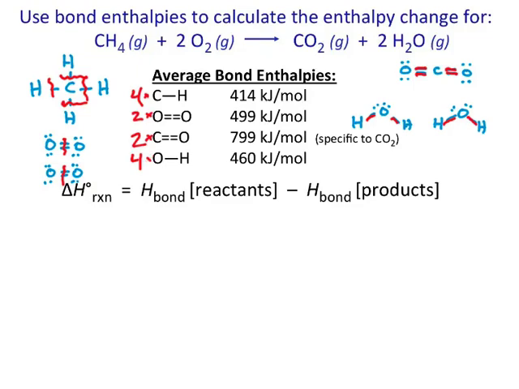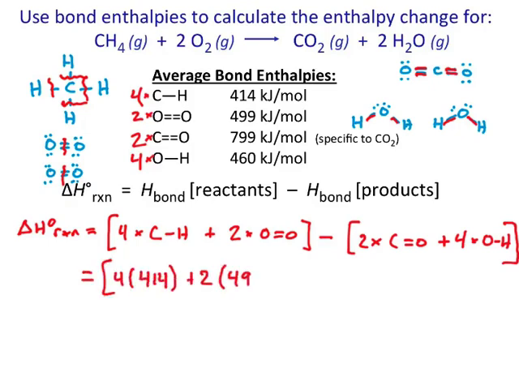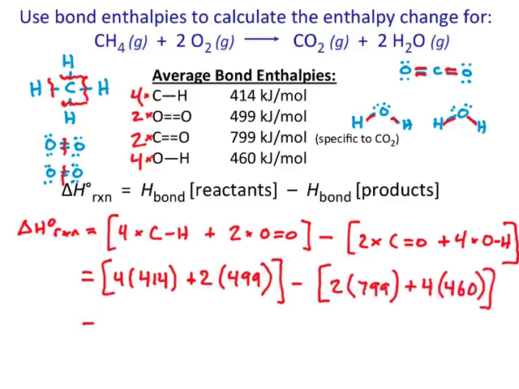Okay, so let's put this together into the equation. So we have our reactants first, and so there's 4 times the CH bond, 2 times the OO bond, and then our products, there's 2 times the CO double bond, and 4 times the OH bond. And then when we plug the numbers in for this, we'll get an equation that looks so.